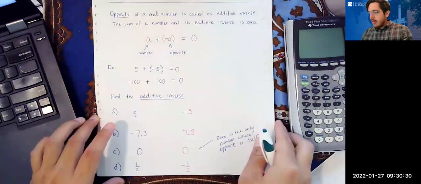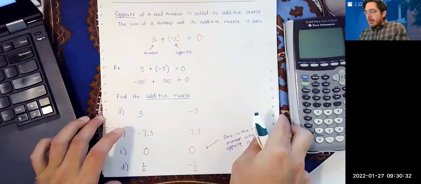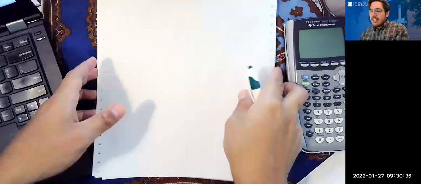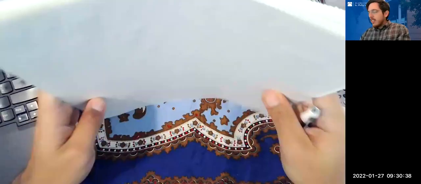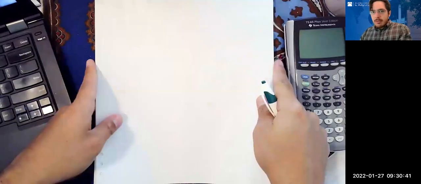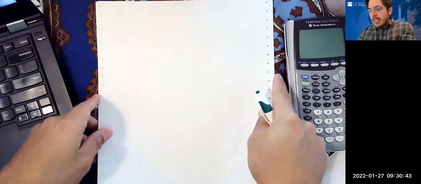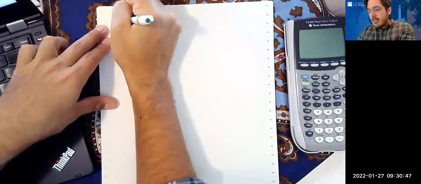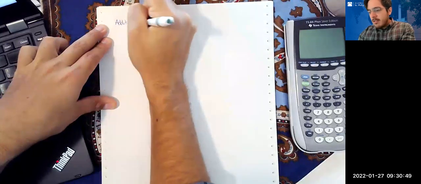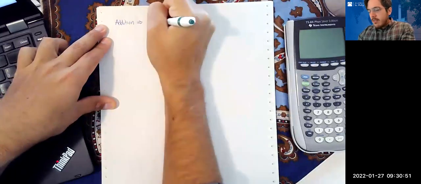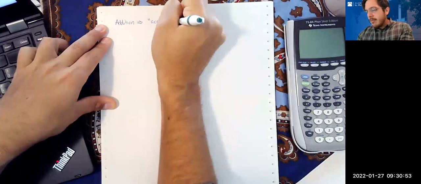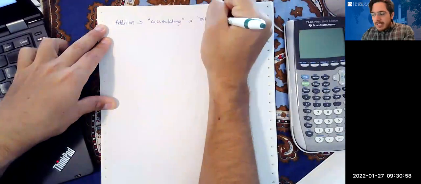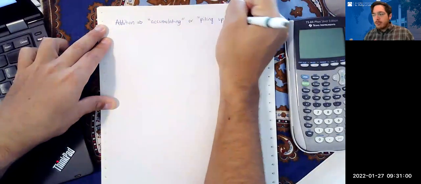Okay, so when we were talking about addition, I was saying that when you add numbers, it's sort of like sliding one direction or the other on the number line. But traditionally, when we think about addition, we think about it as accumulating, or piling up. Basically, you typically think about addition as a number growing.